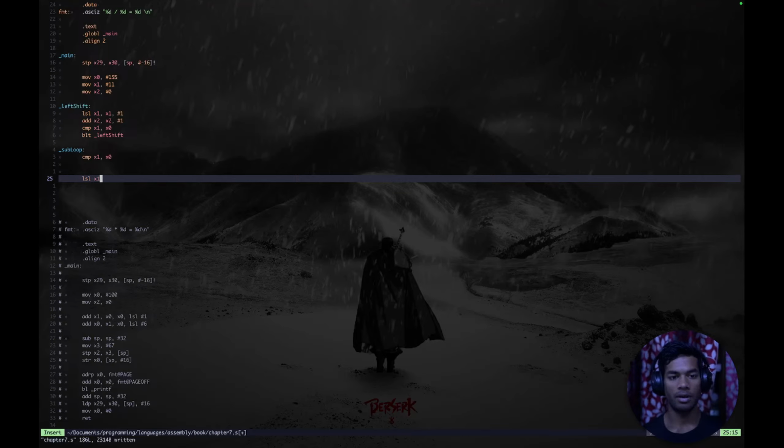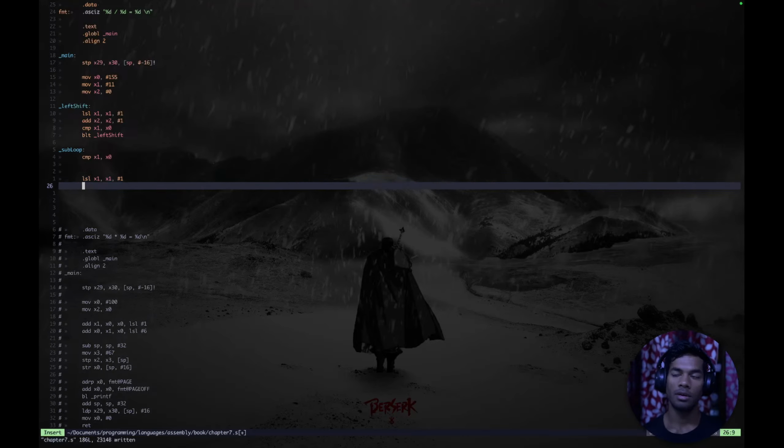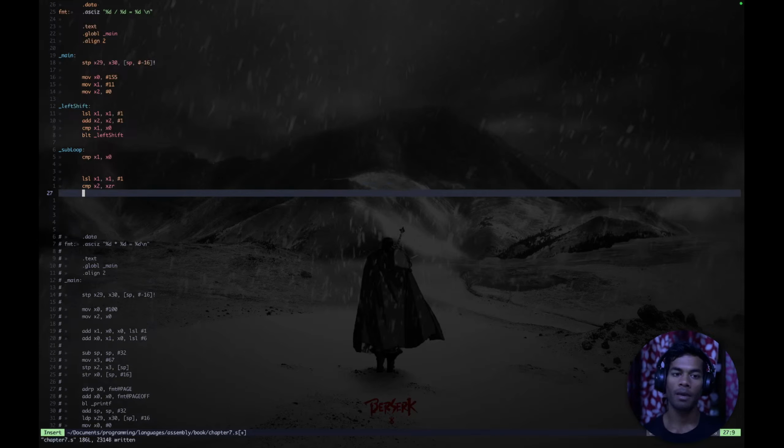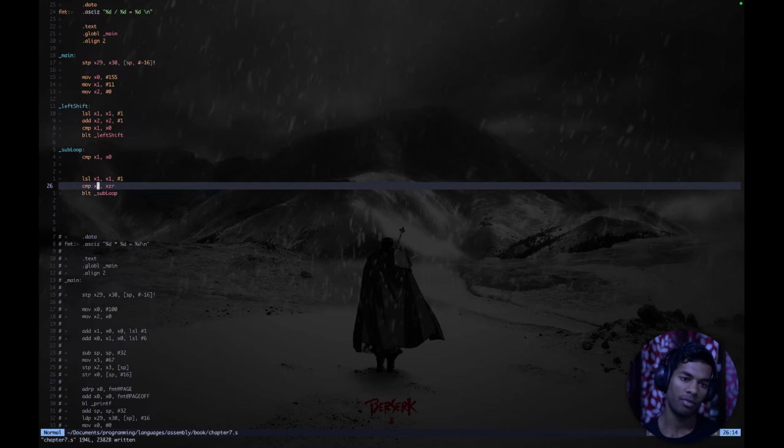Logically shift left the contents of the first register by 1 and compare the counter that is in the second register with XZR, zero, and branch if less than to sub loop, that is, if compare becomes -1 I will branch. Yep. Is that correct?